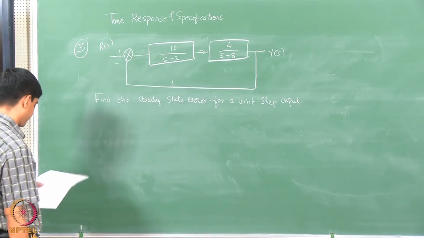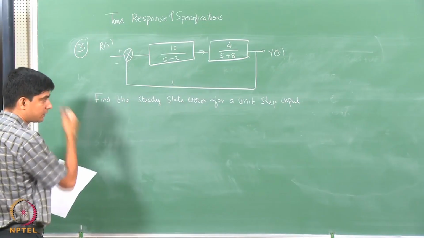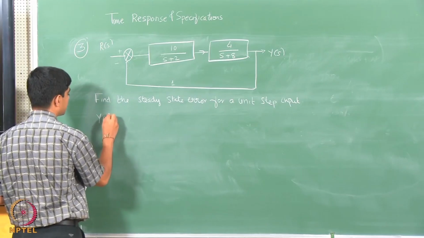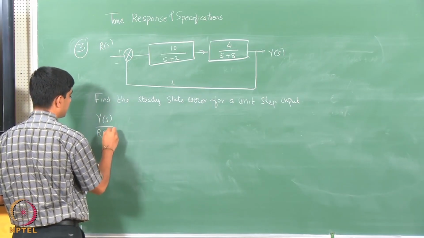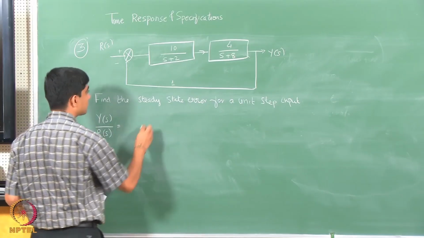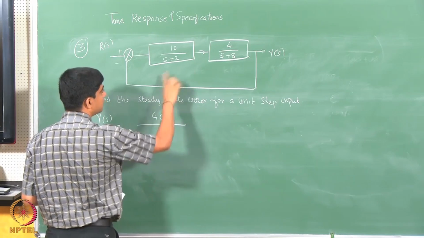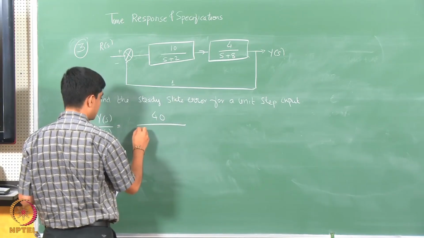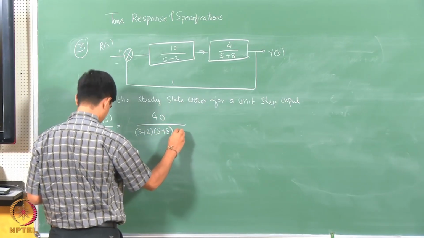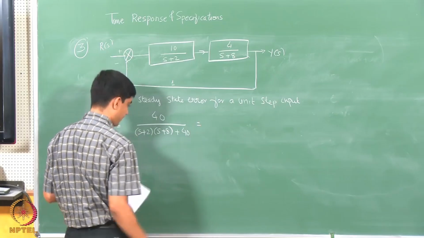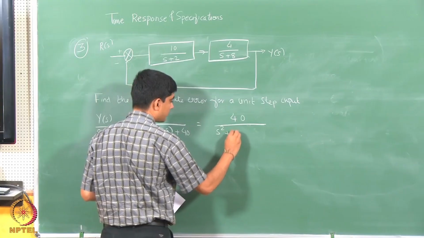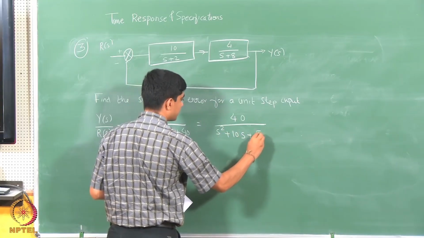Okay. If I had done this 3 or 4 lectures ago, I would have first calculated the transfer function Y(s) over R(s), which is 40 over (s plus 2)(s plus 8) plus 40, that is 40 over s square plus 10s plus 56.